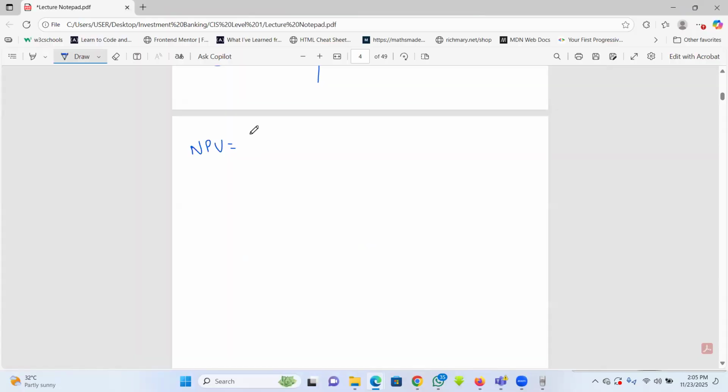There's no individual yearly cash inflow and outflow, so we can lump them up to say that NPV in this case is the discounted cash inflow minus the discounted cash outflow.